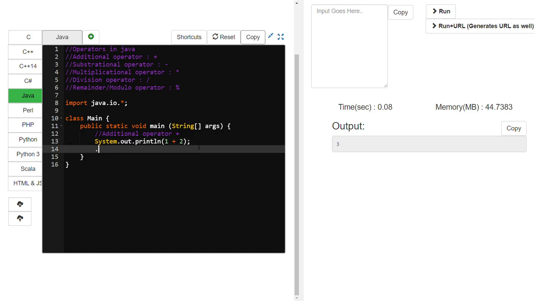Next one. Subtraction operator. Denoted by minus.